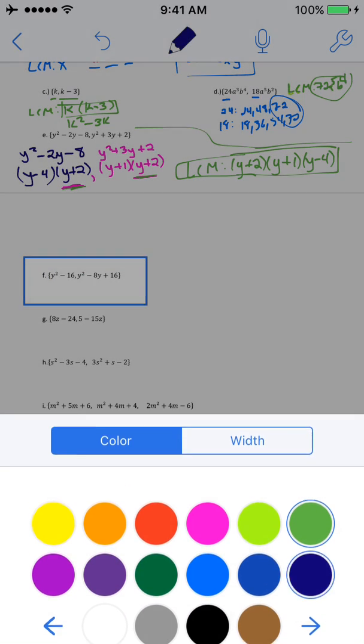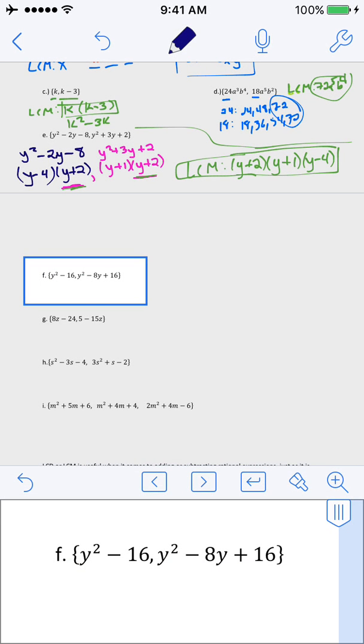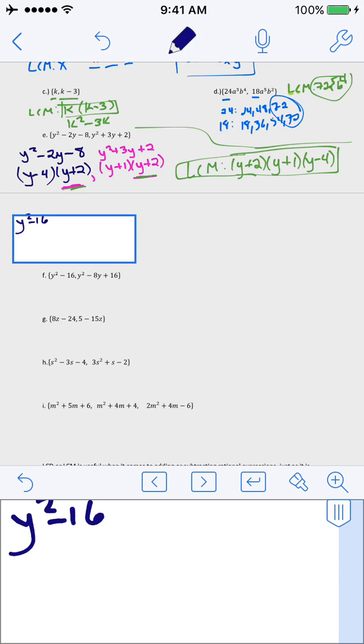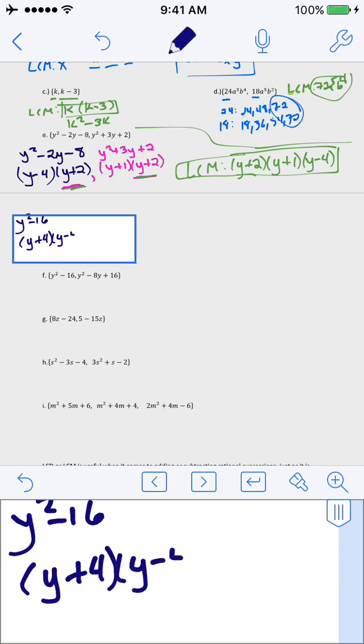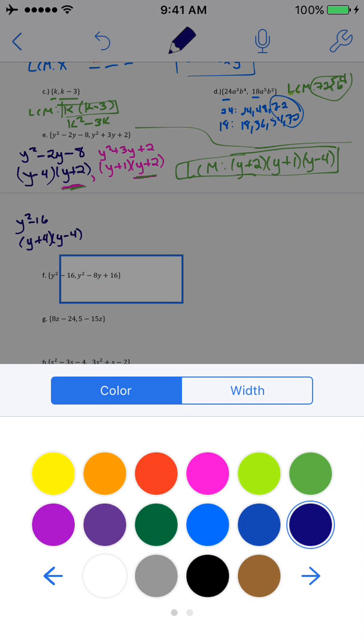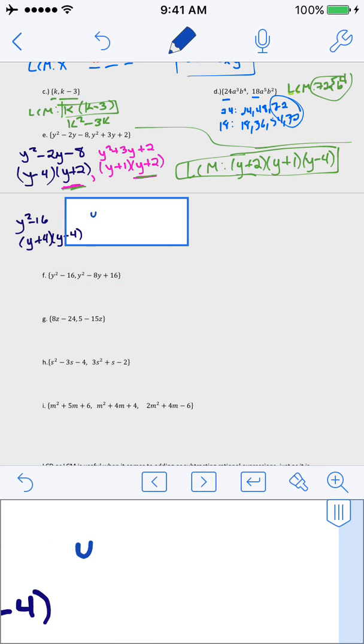Let's do it again. I've got y squared minus 16, y squared minus 8y plus 16. So let's start with the y squared minus 16, right? That's a special case. So I know that factors into y plus 4, y minus 4, right? Again, 6.3, special cases. The second one is y squared minus 8y plus 16.